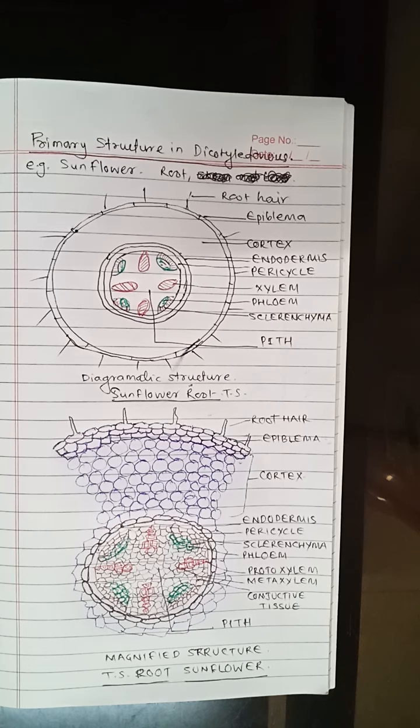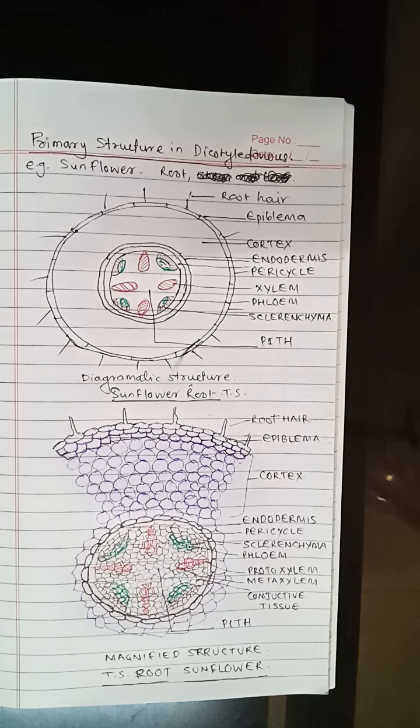Just below the epiblema, cortex is present. It consists of many layers of parenchymatous cells having a large number of intercellular spaces, and these cells contain leucoplast or starch in them.